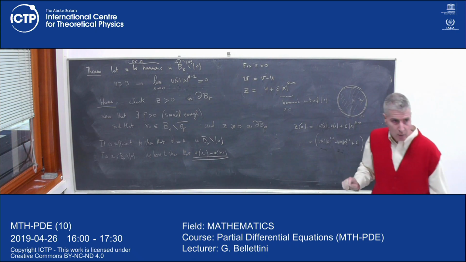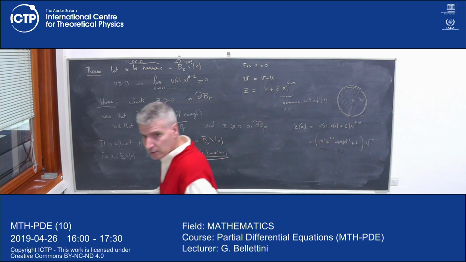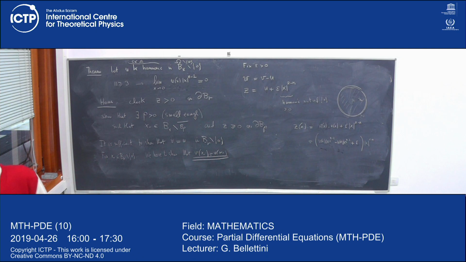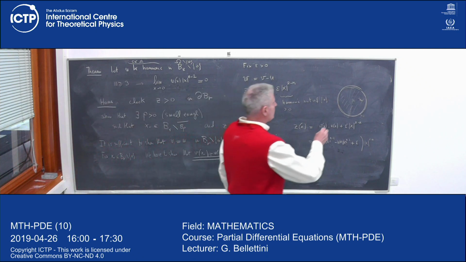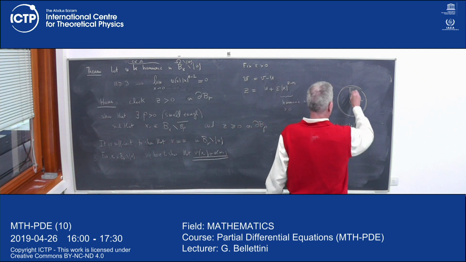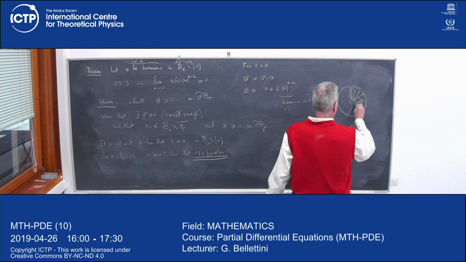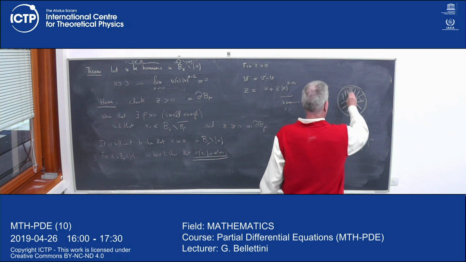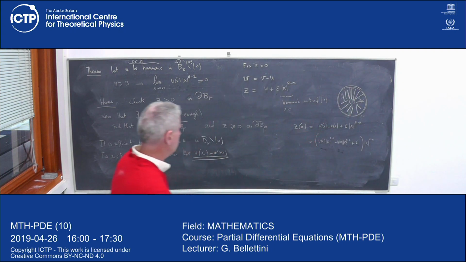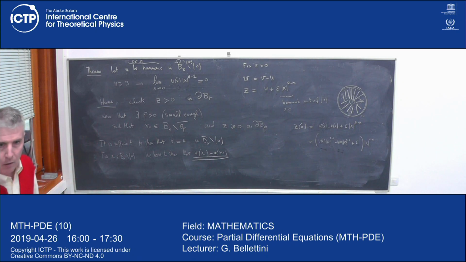So I think you can do this easily, no? And now what do you conclude? You know that you have a domain, an open set, which is an annulus. And on the boundary of this domain, you know that z is larger or equal than 0.